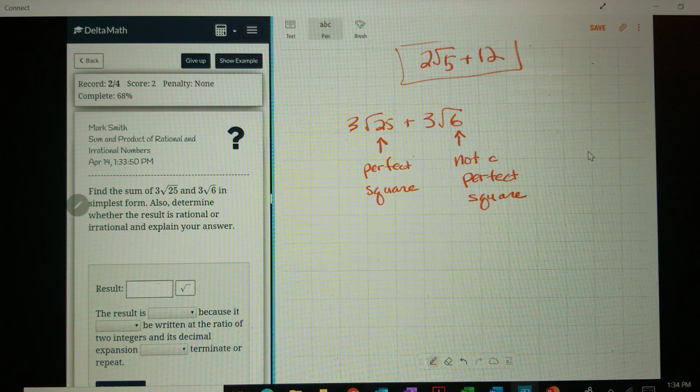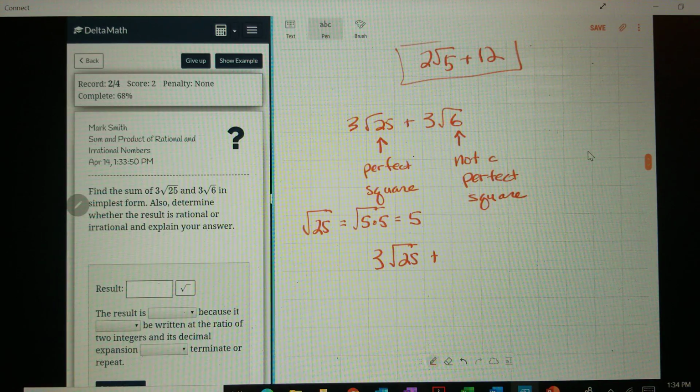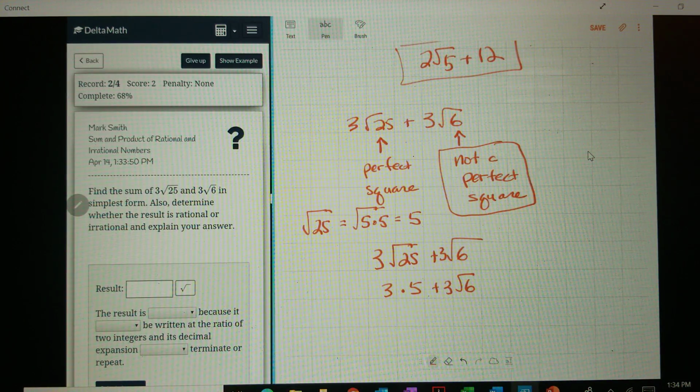We can change the square root of 25. That's equal to 5 times 5, which means it's equal to 5. So we can substitute 5 for the square root of 25. So this is the same as 3 times 5 plus 3 times the square root of 6. And we notice right here, this is not a perfect square.